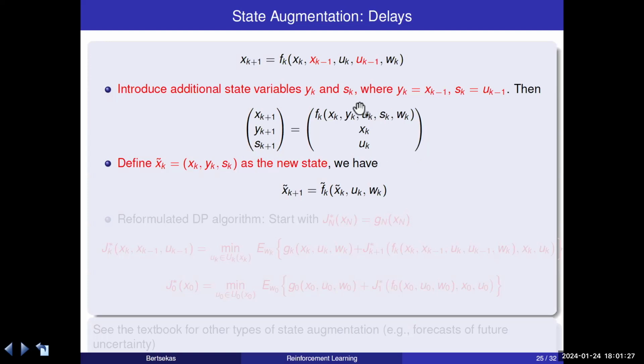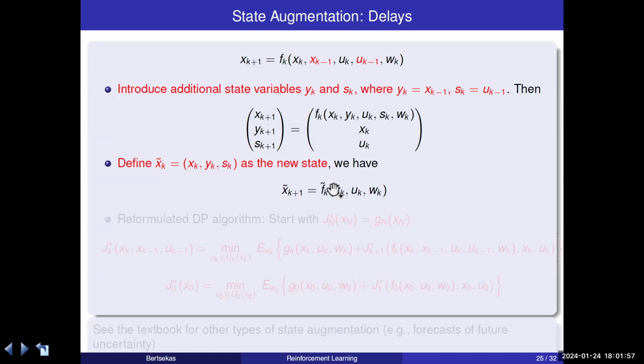So technically, we have a system equation that involves an enlarged or augmented state that involves x_k and also the delayed quantities. And we can write a system equation that's basically this equation here. We write it like so. It involves the current augmented state, the new augmented state, the control, and the disturbance also.